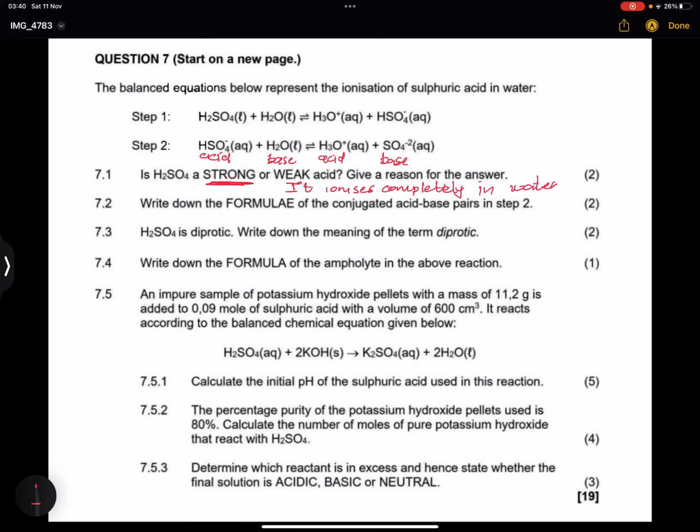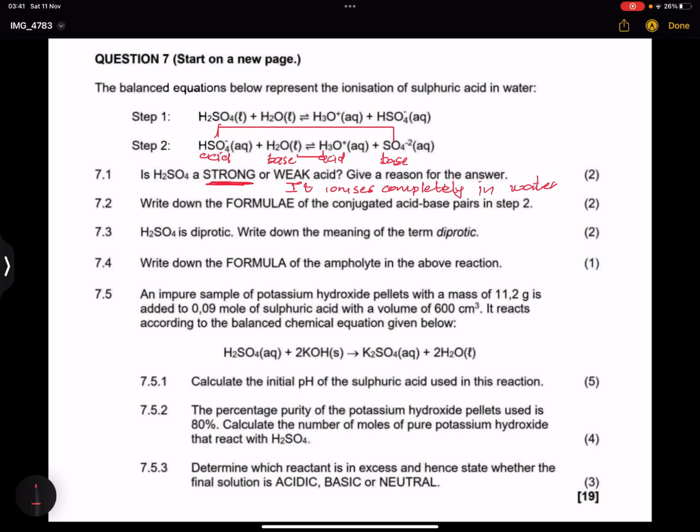So now, what did they want? They wanted the acid base conjugate pairs in step 2. So remember, you always take the acid on the one side, you pair it with the base on the other side. And of course, the other pair would be H2O and H3O plus.